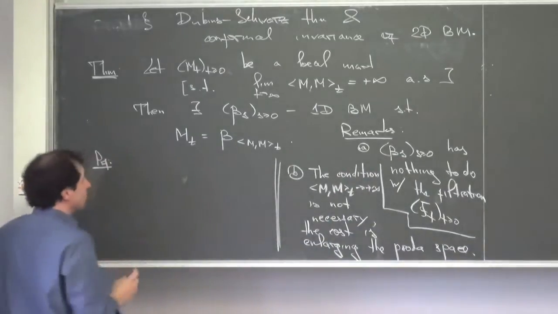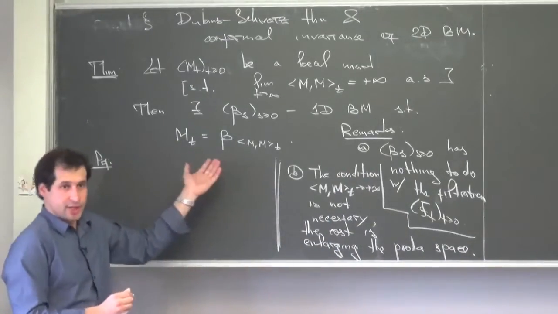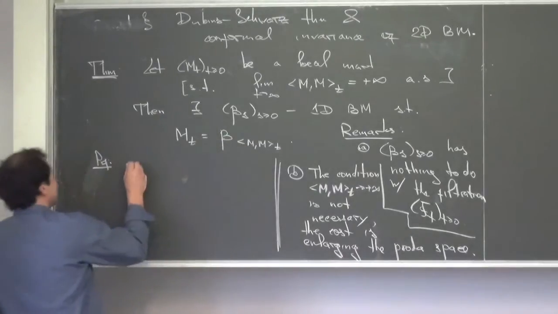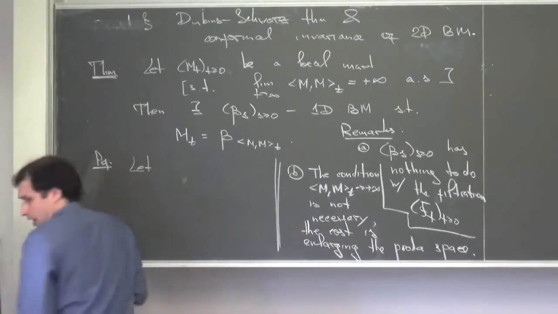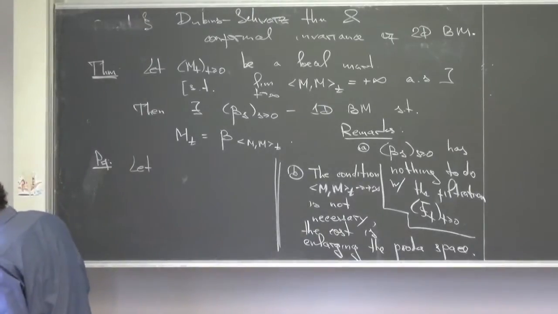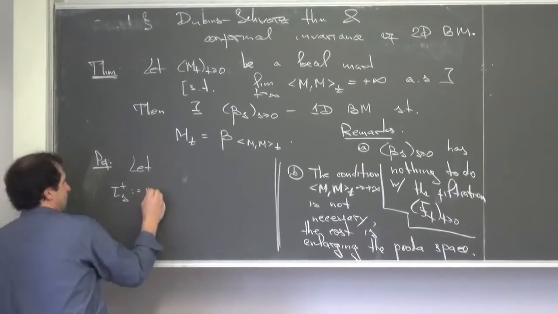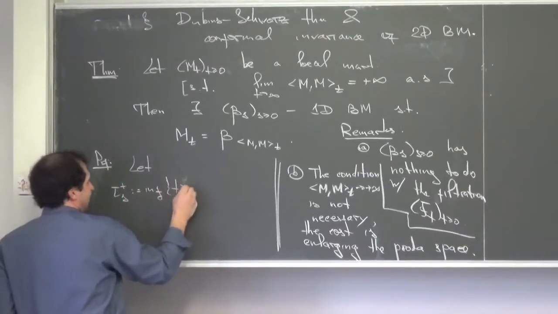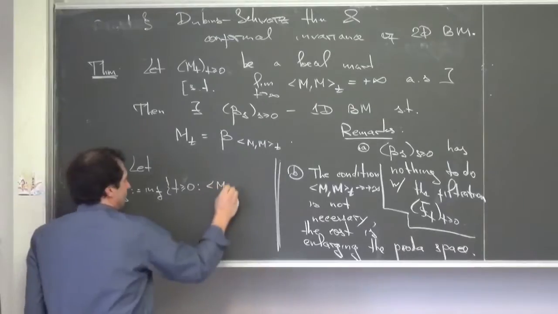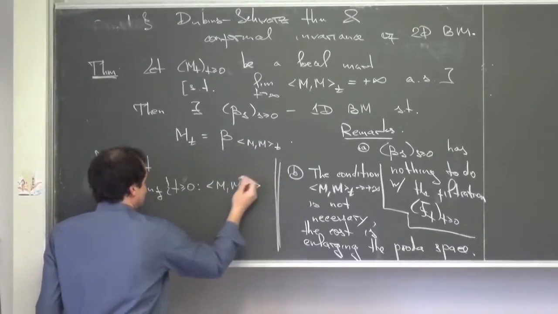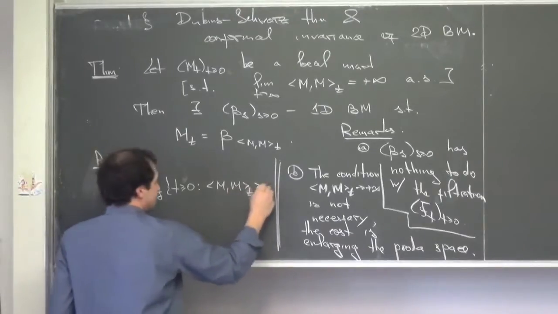So let us denote this reparameterization by stopping times, with indices, tau_s. Tau_s plus is the infimum of all times with the quadratic variation of M strictly greater than s.